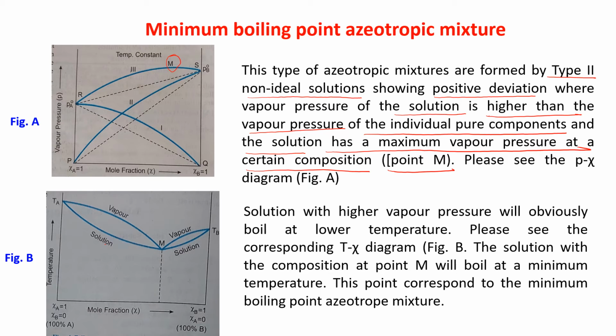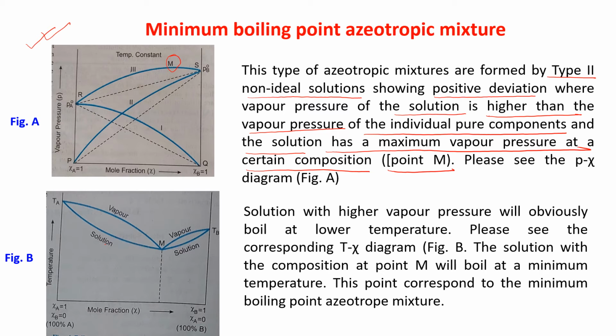In a type 2 non-ideal solution showing positive deviation, the vapor pressure of the solution is higher than the vapor pressure of the individual components. At point M it shows the maximum vapor pressure, for a particular composition of A and B. This is shown by figure A, that is the P-chi diagram.